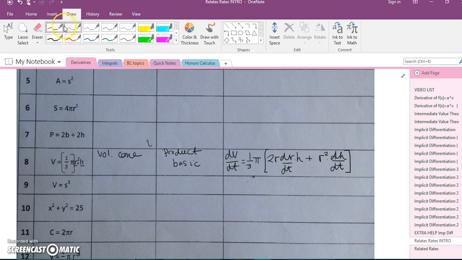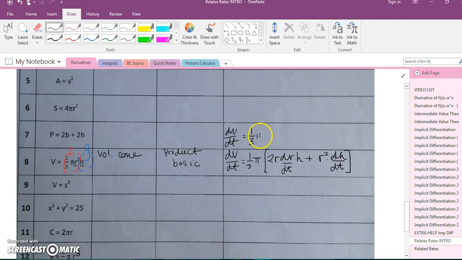You could also say, no, I want to make 1/3 pi my first. So I'm going to keep 1/3 pi r squared. You want to make that your f, and then you want to make this your g. You can totally do that too. In that case, you would get something like this. dV/dt equals your first, I'm going to do the derivative of the first.